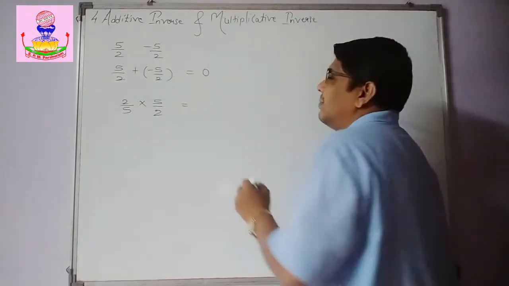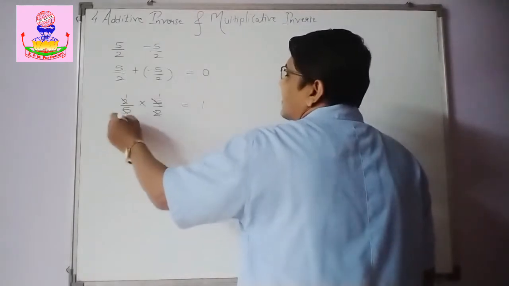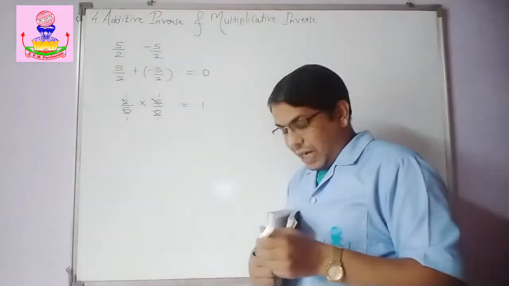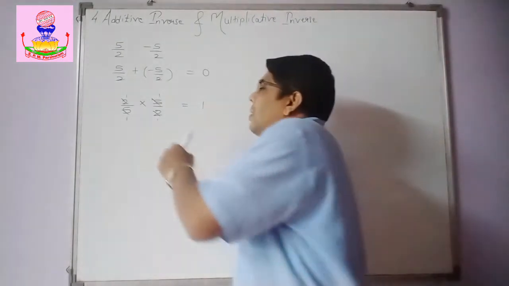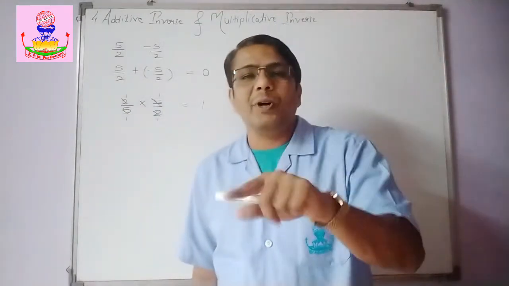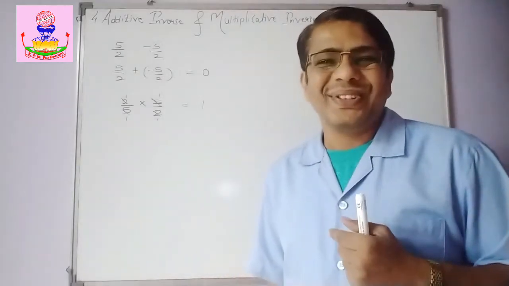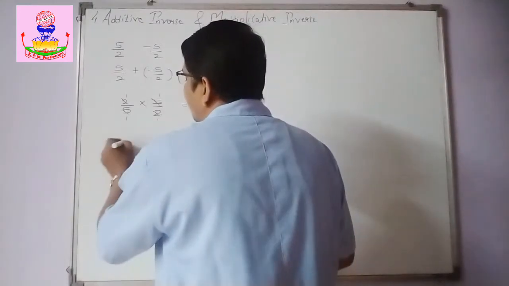So the product comes out to be 1 because this will get cancelled, right? And so the product is 1, and hence they are called as multiplicative inverse of each other. So multiplicative inverse of 2 upon 5 is 5 upon 2, or reciprocal of 2 upon 5 is 5 upon 2.